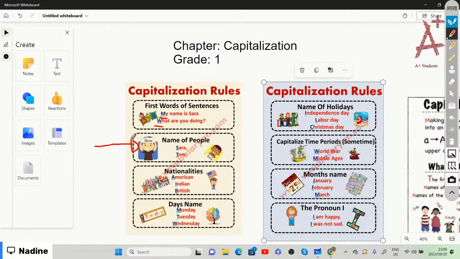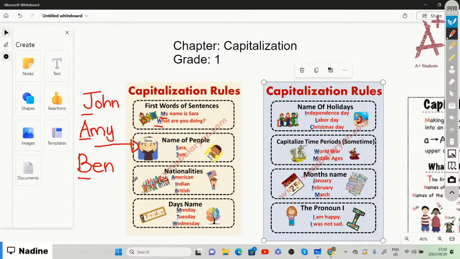So if your name is John, John needs to be written with a capital letter J. If your name is Amy, then Amy needs to be written with a capital letter A. If your name is Ben, then Ben needs to be written with a capital letter B. So we capitalize the first letter of the name. So names of people need to be capitalized.